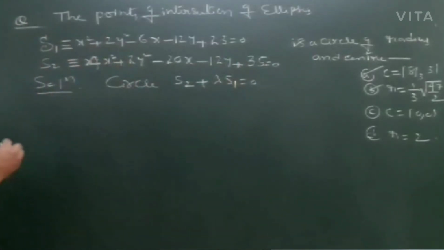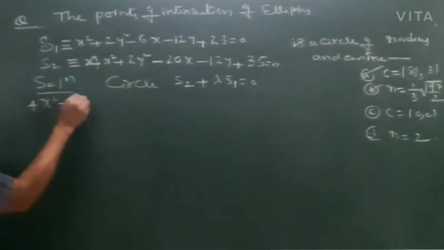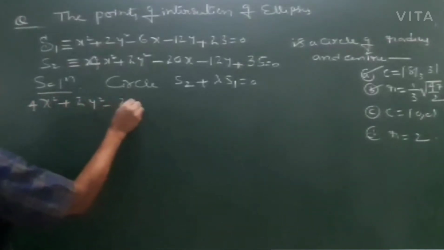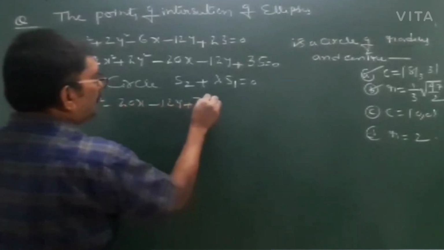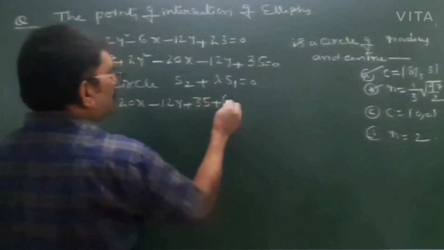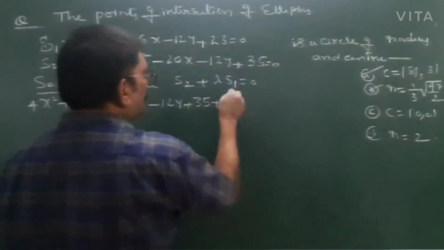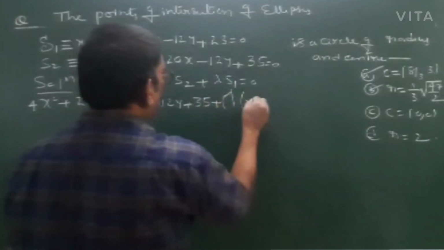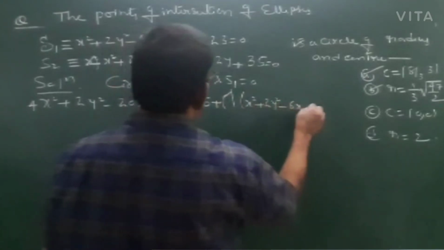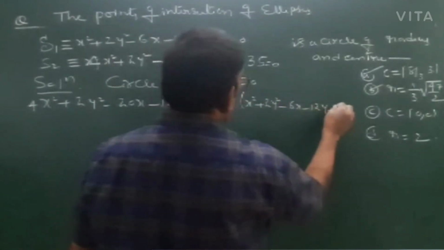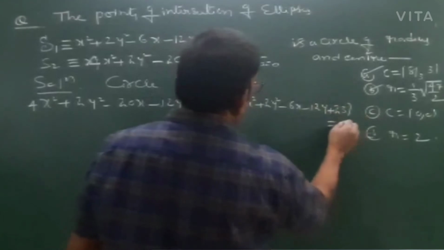Substitute: 4x squared plus 2y squared minus 20x minus 12y plus 35 plus lambda into x squared plus 2y squared minus 6x minus 12y plus 23 is equal to 0.